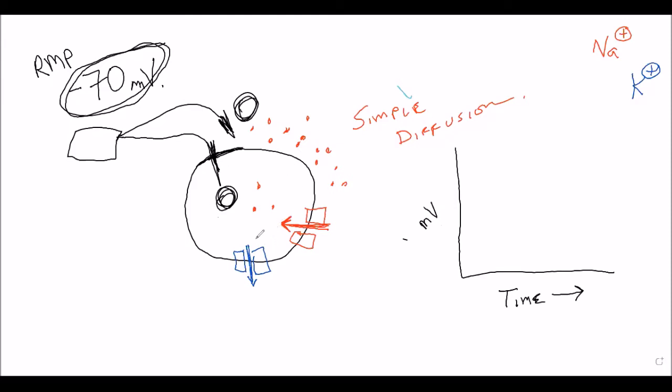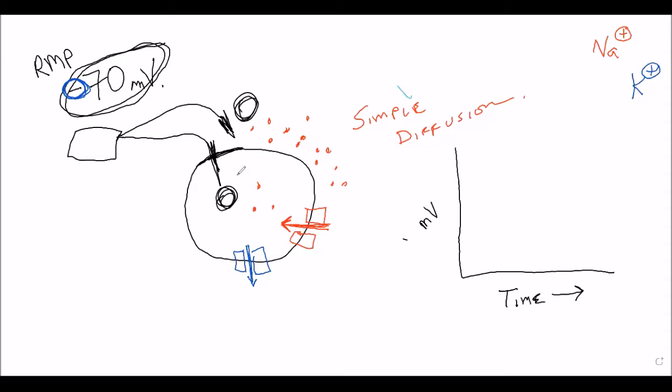Okay. So because both of these are always leaky, but potassium is more leaky than the sodium, that's contributing to why the resting membrane potential is a negative charge. Does that make sense to everyone?